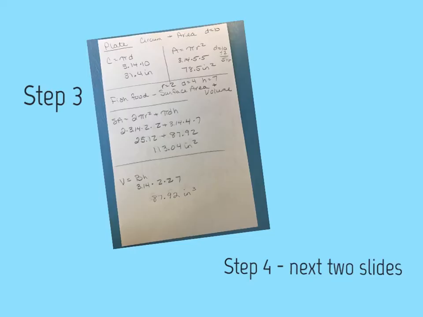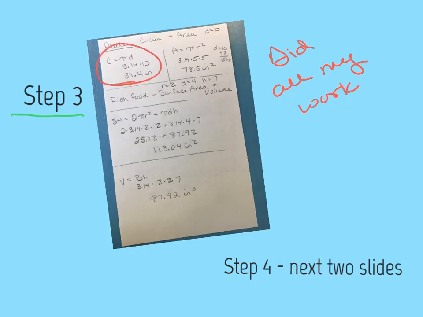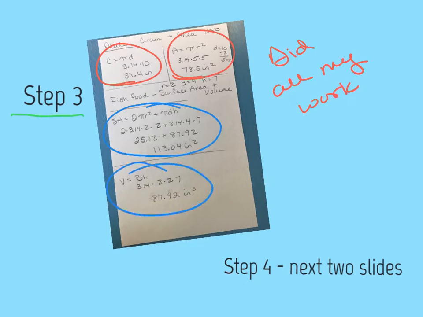Then I sat down for step 3, and I did all my work. I took out a piece of paper and I did all my work on the piece of paper so that I had it. I found the circumference of my plate and the area of my plate, and I did the surface area of my fish food and the volume of my fish food.